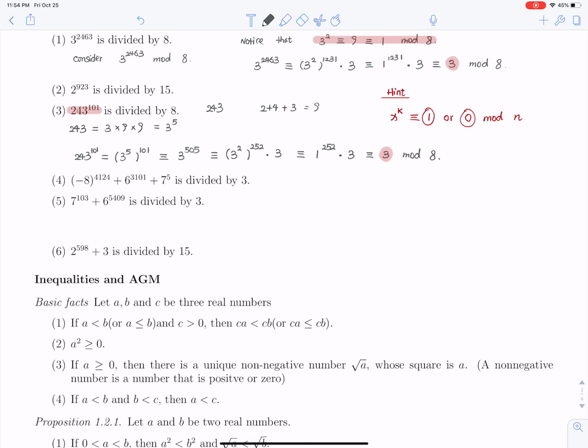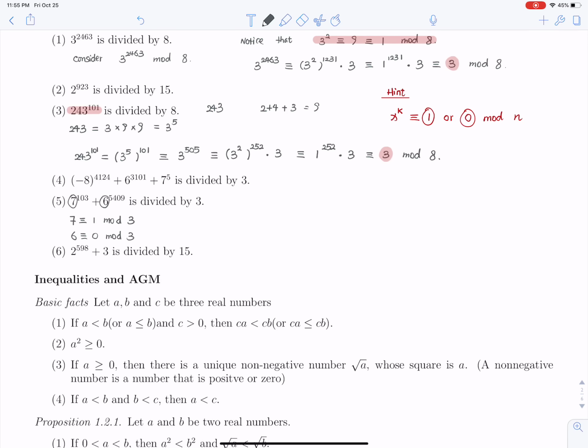So again, let's consider this number to the power of something in mod 3 such that the whole thing is congruent to 1 or 0. Well, notice that 7 itself is congruent to 1 in mod 3. And 6 itself is congruent to 0 in mod 3.